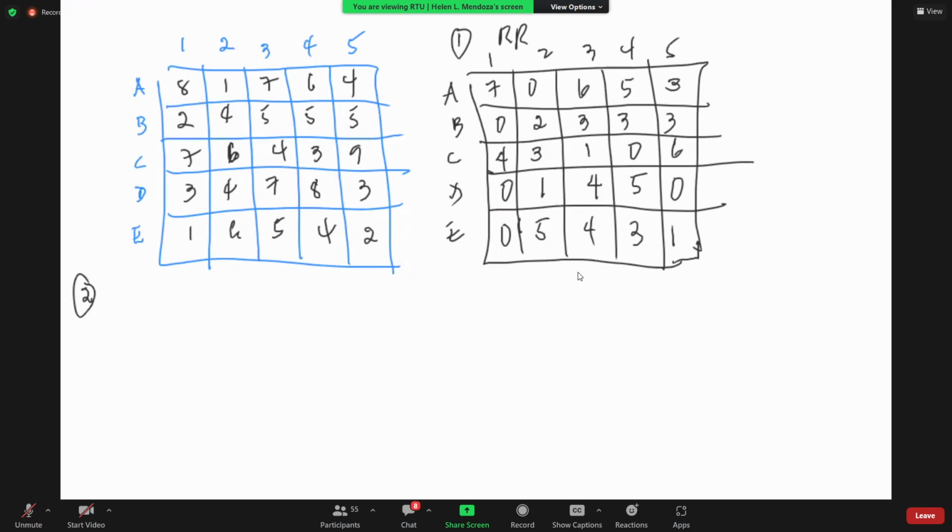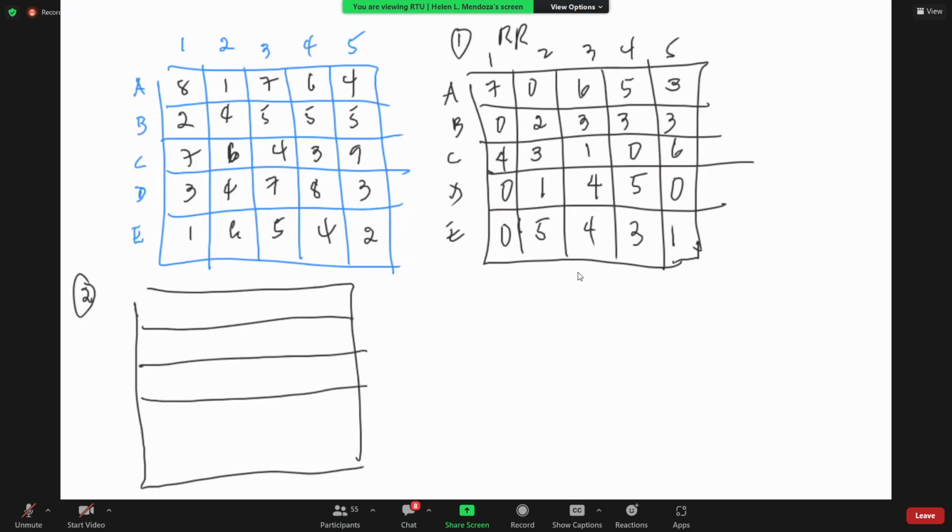So, ano yung second natin? Reduce na po per column. So, anong gagawin pag may 0 na sa column? Kokopyahin na lang po.